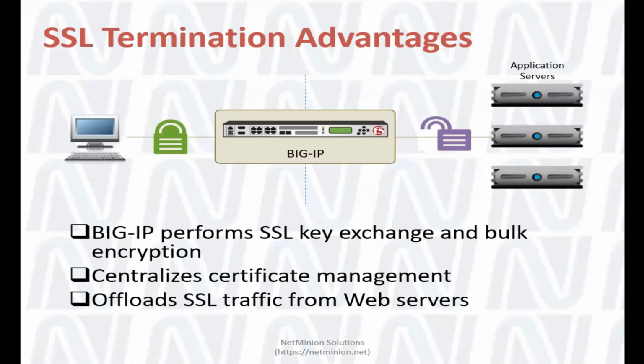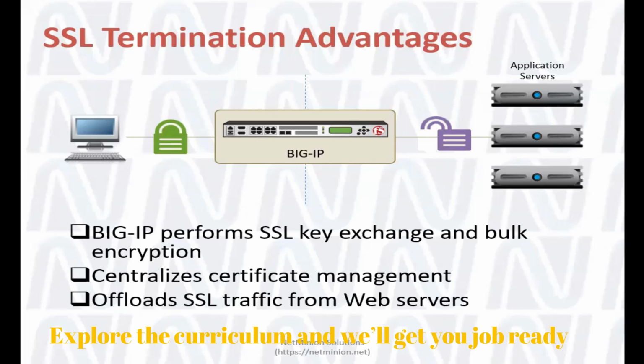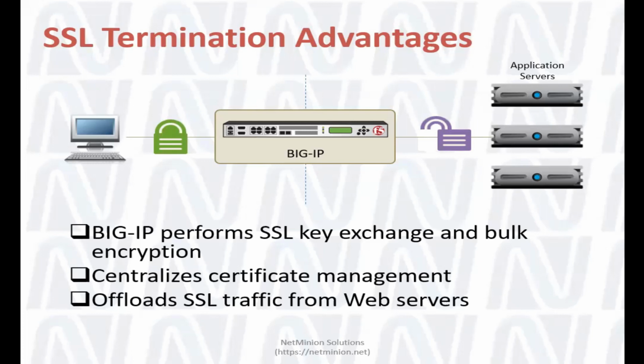All of those encryption and decryption will be done by the BigIP if you are using SSL offloading, which is the case for 90% of applications. So centralized management is there, and you can offload the SSL traffic from the web server.